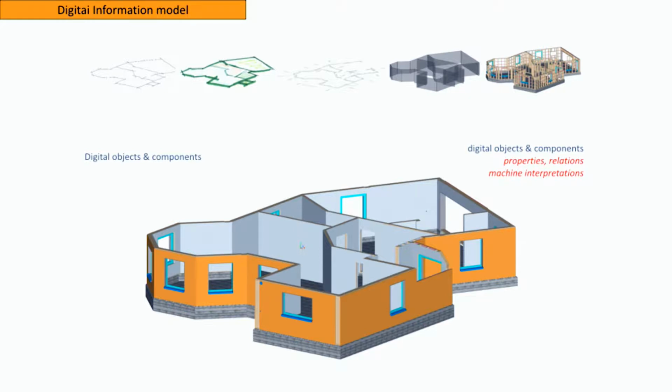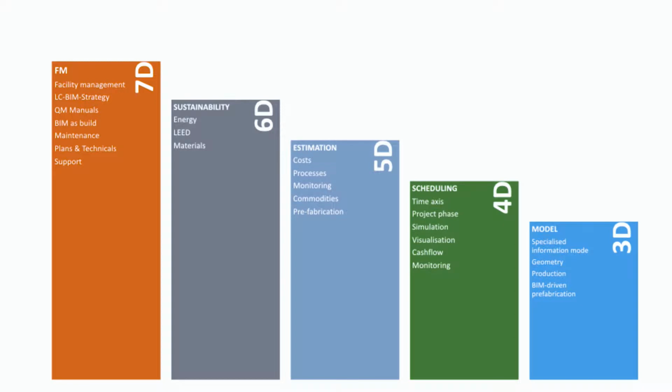So this way from 2D to 3D was a long way, still an ongoing process, especially in architecture, but there are more Ds, there are even 7 Ds. The 3D model with the time scheduling is a 4D, and with the estimations, that means with the costs, it's a 5D.